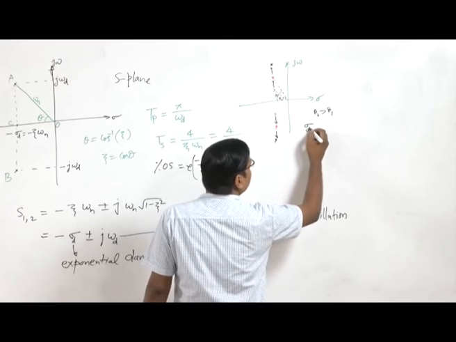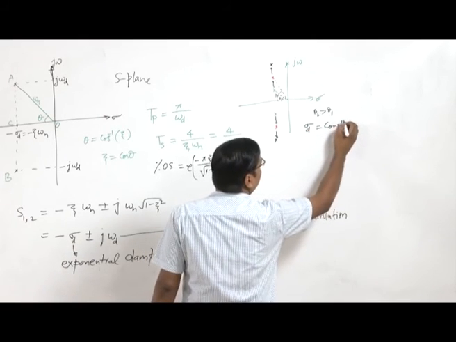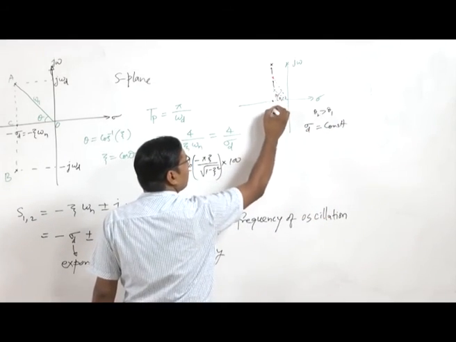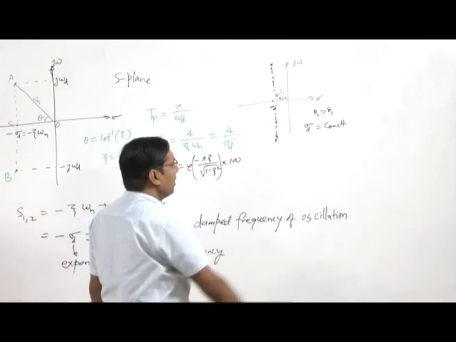and sigma d is constant, because this real part, that is sigma d, is constant, it is not changing.